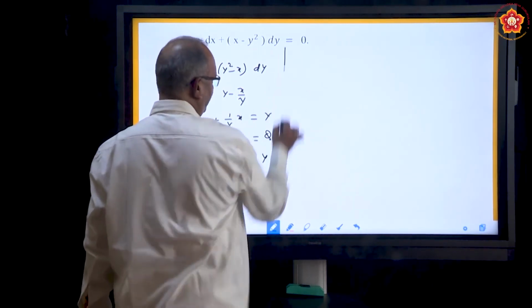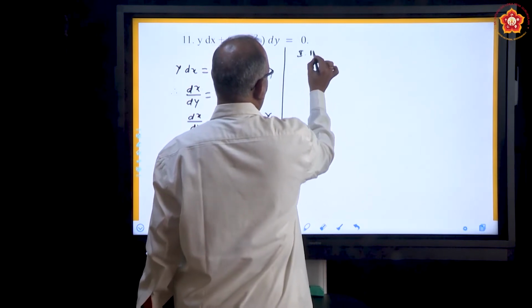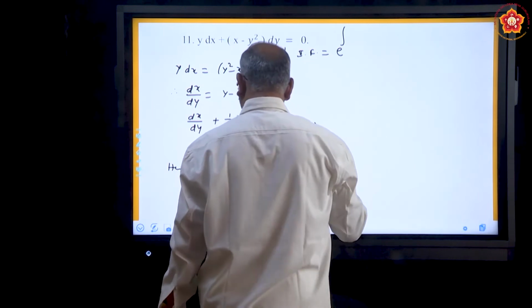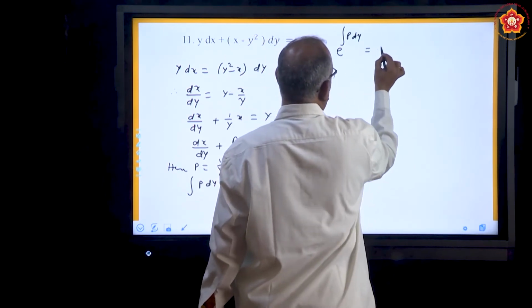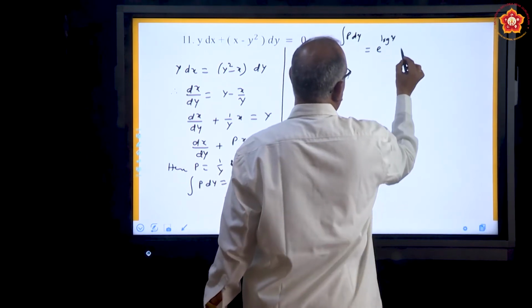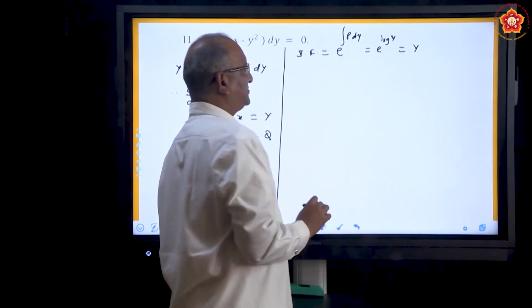Substitute this and write the integration factor. What is the integration factor? e to the power integral of p dy. And how much did we get? The value log y, and that is equal to y. So, the integration factor is y.